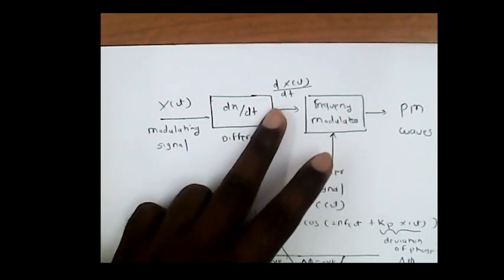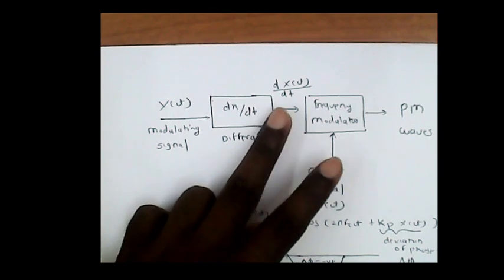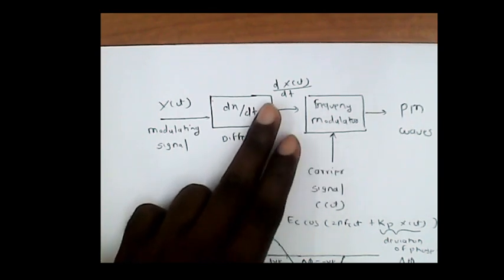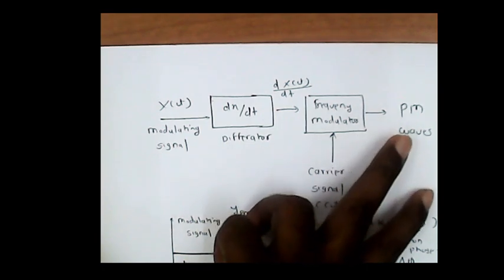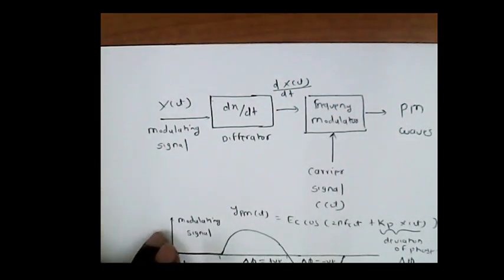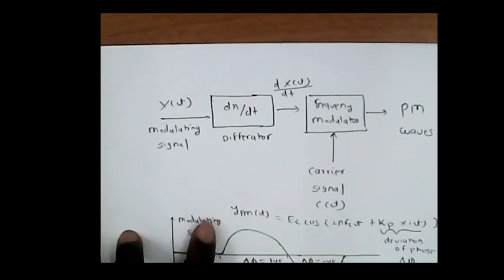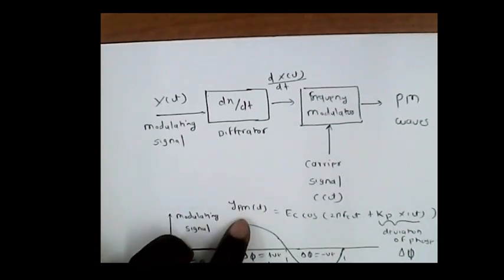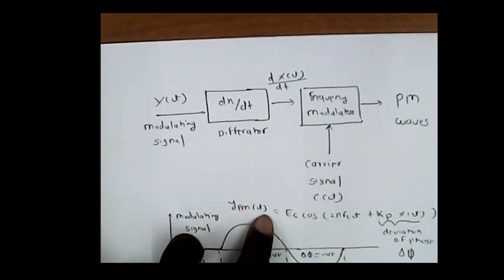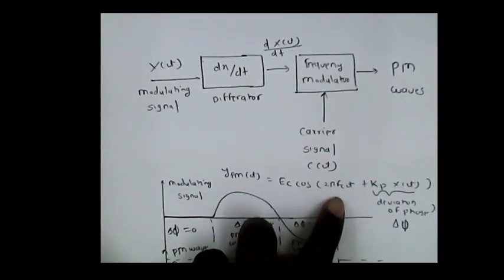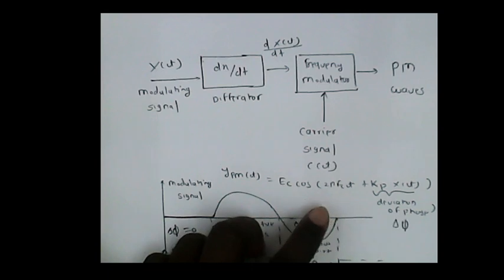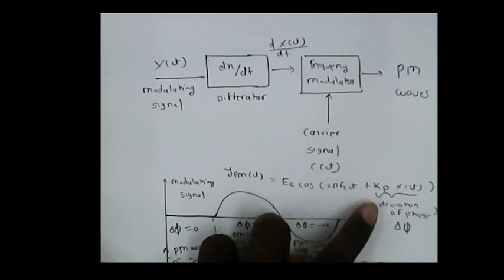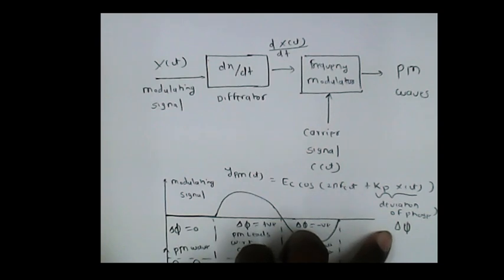The frequency modulator generates the phase modulated waveform. So the output of this is y of p of t equals ec cos of 2 pi fct plus kp x of t, where the term kp x of t is called the deviation of phase, that is delta phi.